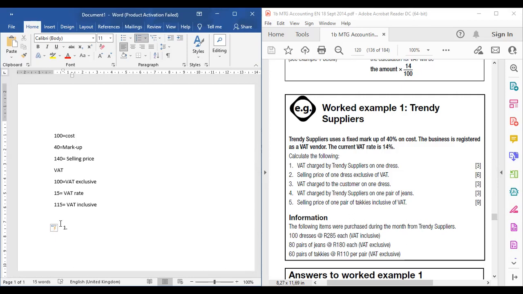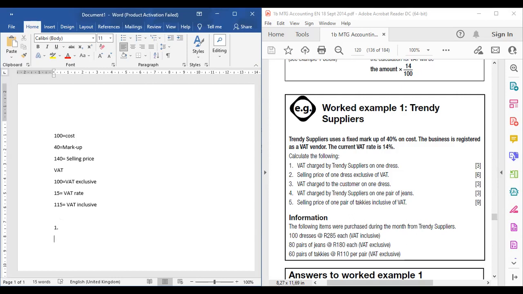All right. So what we're going to do is number one. Now on number one, they're saying we should calculate VAT charged by trendy suppliers on one dress.